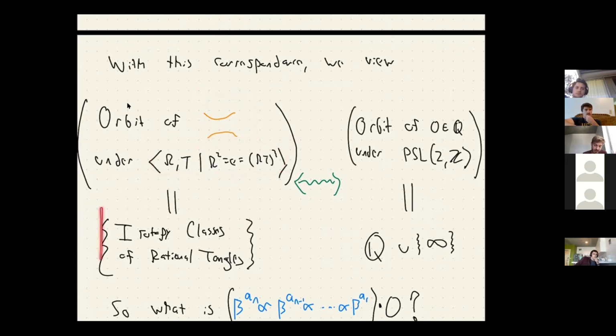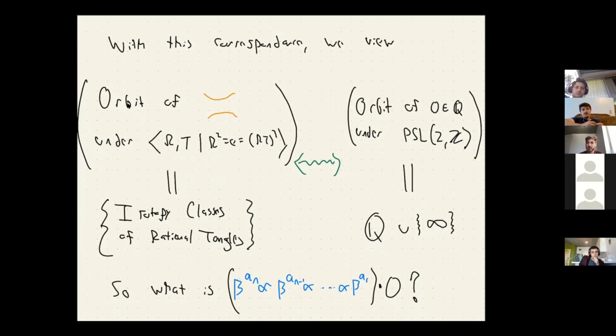We said that those corresponded with isotopic classes of rational tangles, and under this isomorphism, that's corresponding to an orbit of the rational number 0 under the action of PSL2Z. And the orbit of 0 turns out to be all the rational numbers union infinity. That's something that we can actually see in just a little bit.